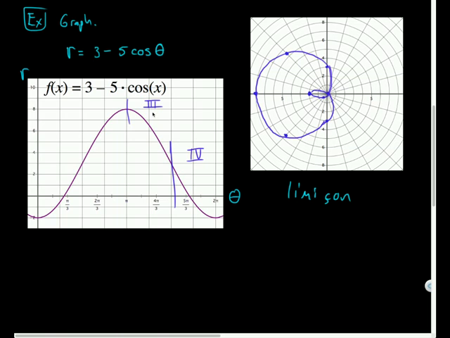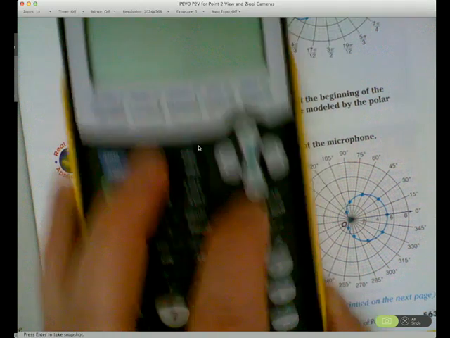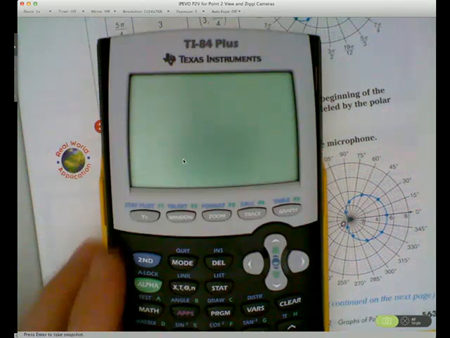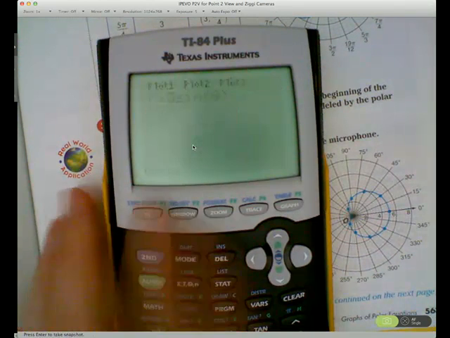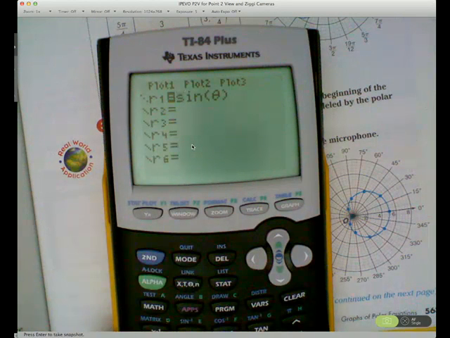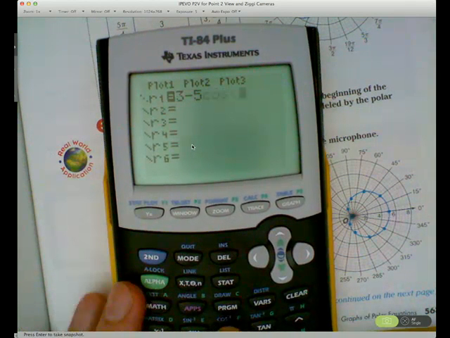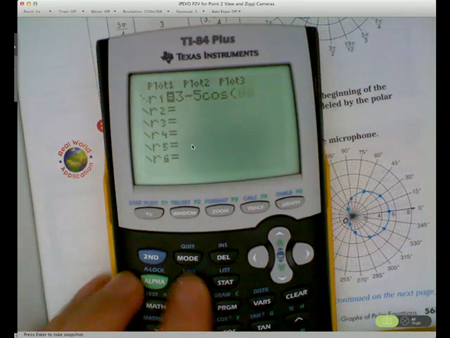And another way I could have done this is by making a table of values. So I kind of represented the y values graphically here, but I could have also done it doing this here. So let's see. I was graphing 3 minus 5 times cosine of theta.